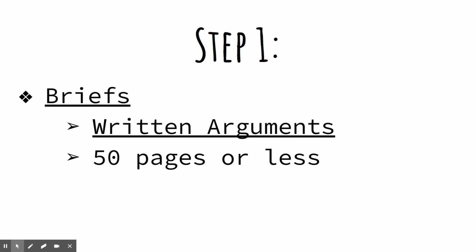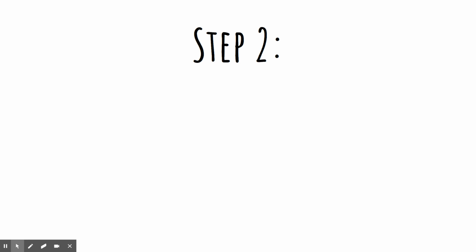And there are a lot of other requirements that go into what font, what type of paper it is printed on, what color paper it is printed on, where the staples should be, all kinds of things like that. So the briefs are written arguments, and this is where the lawyers for each side kind of outline their arguments and allow the court to see why this case is important and why it should be heard.